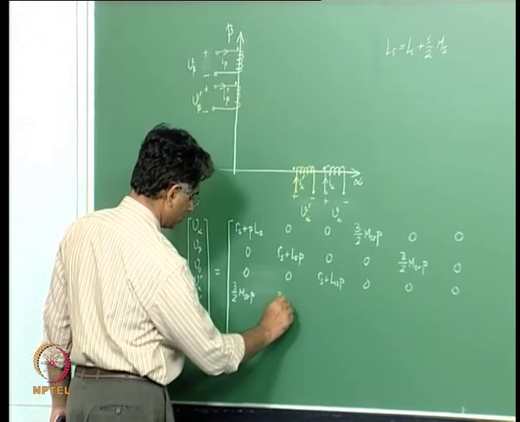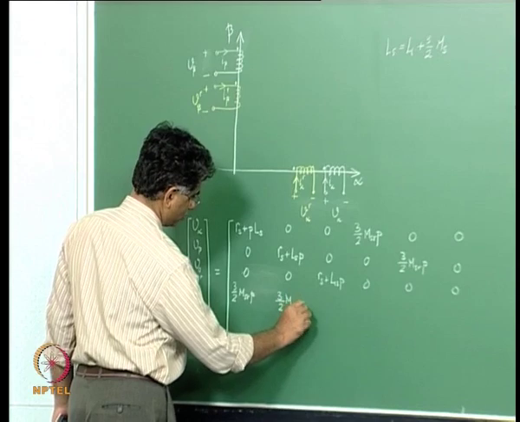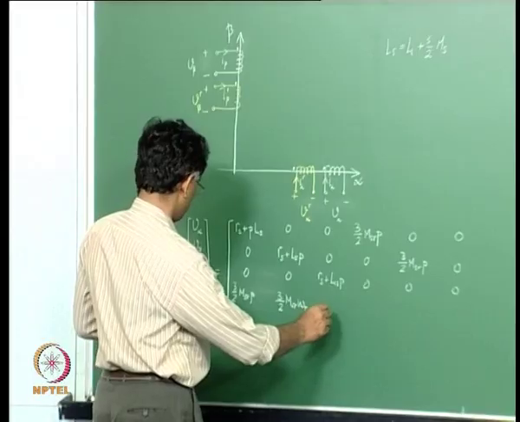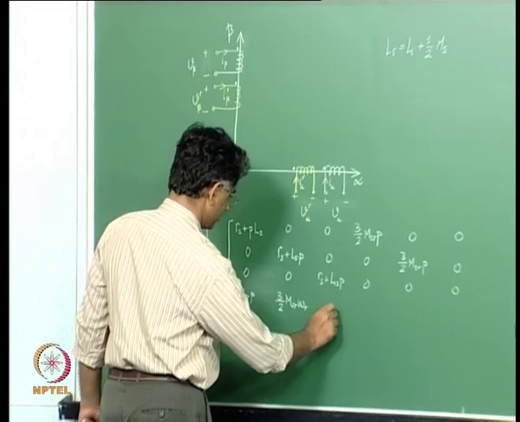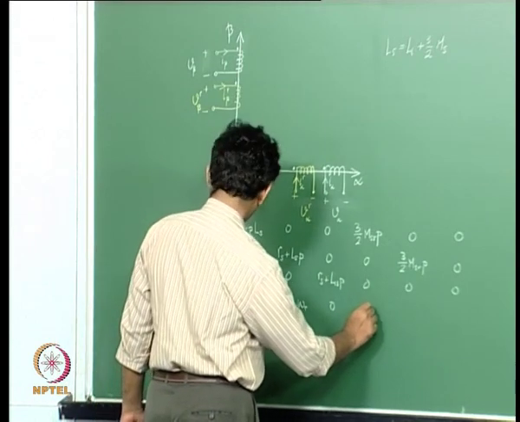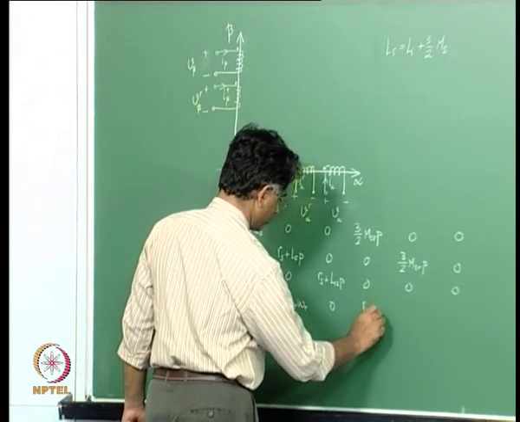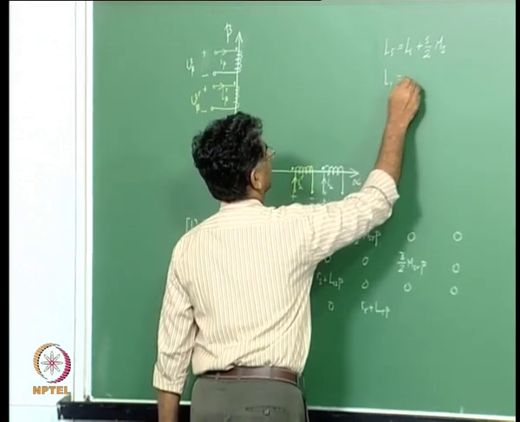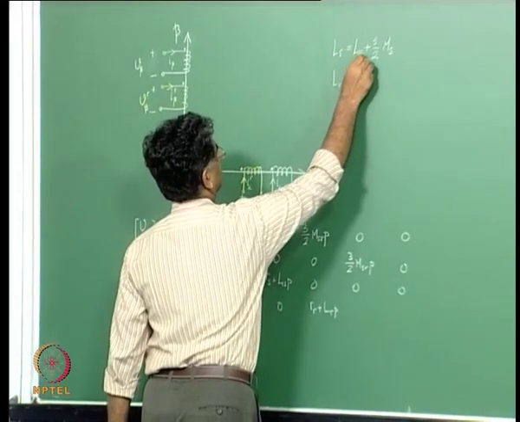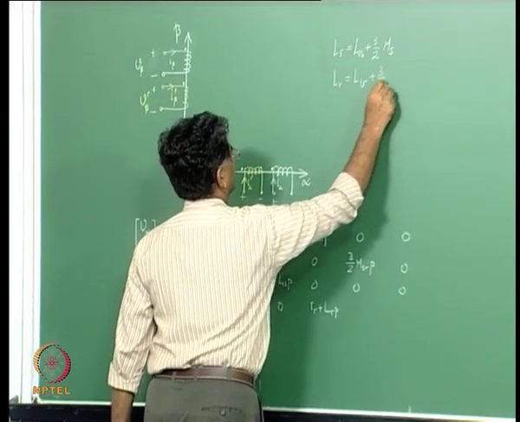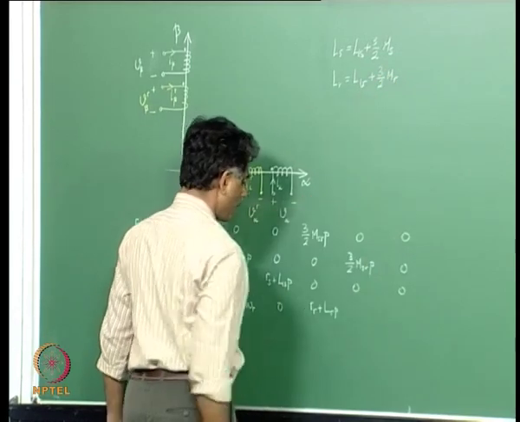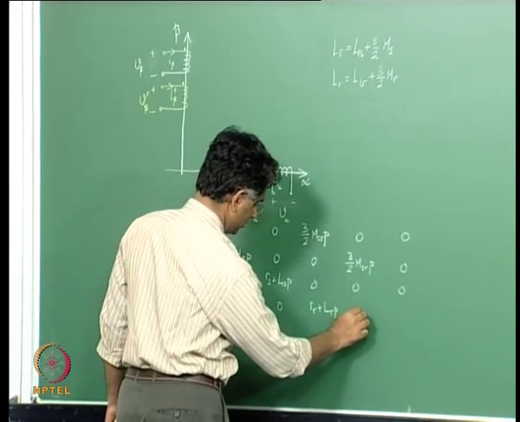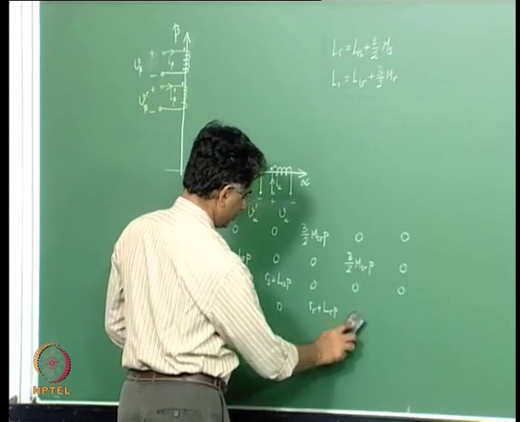So, you have 3 by 2 times MSR into omega r, and then the 0 sequence term is 0, and then you have Rr plus Lr into P, where Lr is the leakage inductance of the rotor, that being the stator, and then 3 by 2 times Mr, and then the term here, this will be due to the beta axis.